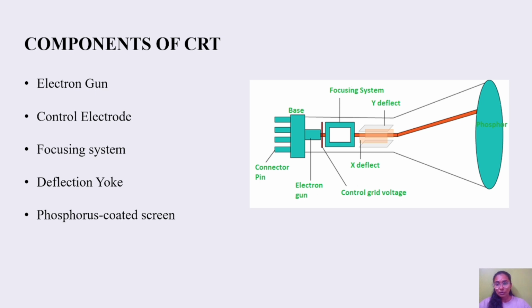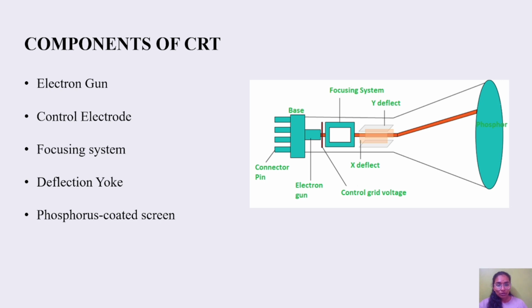The next one is the phosphorus coated screen. The inside front surface of every CRT is coated with phosphorus. Phosphorus glows when the high energy electron beam hits it. Phosphorescence is a term used to characterize the light given off by a phosphor after it has been exposed to an electron beam.